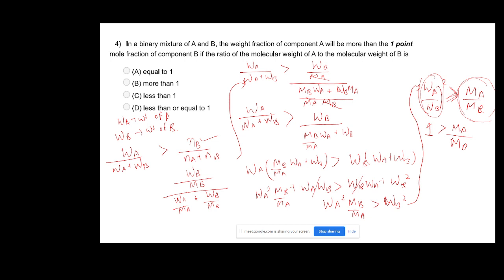So WA by WB whole square is greater than 1. Now, since this is greater than 1, and MA by MB is less than this term, we can say that MA by MB is lesser than 1. So the answer here is less than 1.